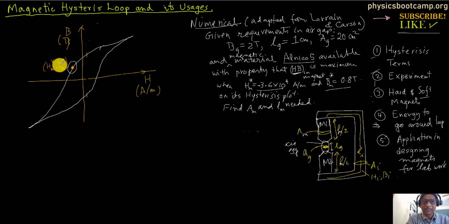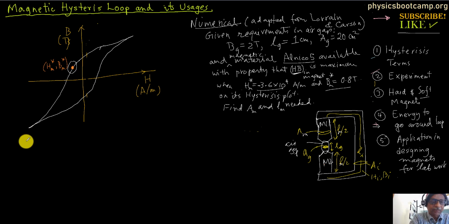Okay, HB is maximum. If you ask what's the HB for that point, and for that point, they're not as big as this. So H times B is the maximum for that point. Okay, we'll see why that is important.